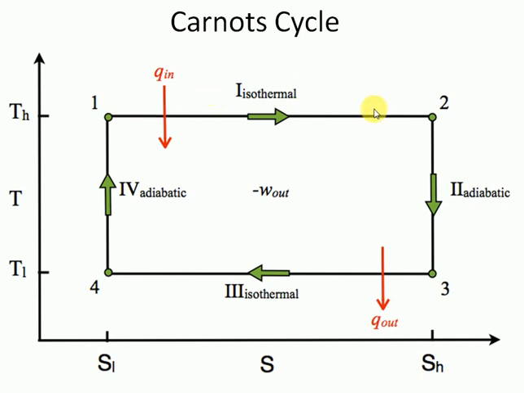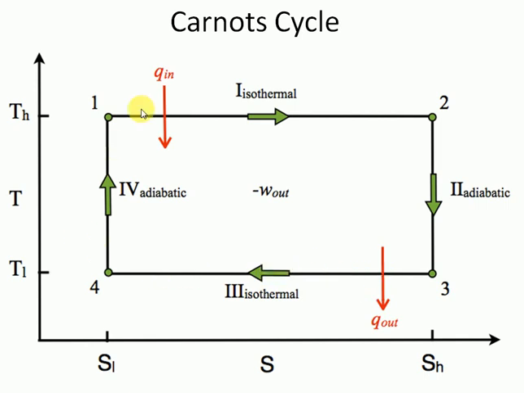Because all the processes in this cycle are ideal processes. Ideal processes means what? They are reversible processes. That means all the processes, 1 to 2, 2 to 3, 3 to 4, and 4 to 1, are reversible processes. So that's why this cycle is also called a reversible cycle. Why?